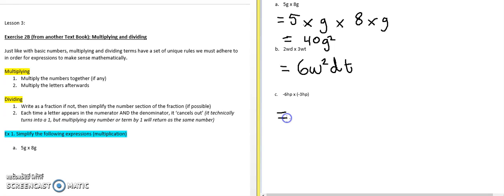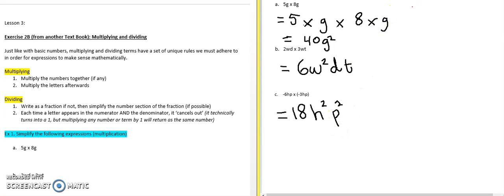Two negatives when multiplied will give me a positive, and 6 times 3 will give me 18. So our answer is positive 18. We have an H and an H, so we have two H's, so H squared, and we've got a letter P here, there's two of them, so it is P squared. And that's all there is to it.